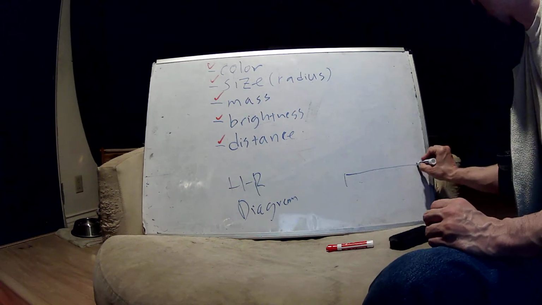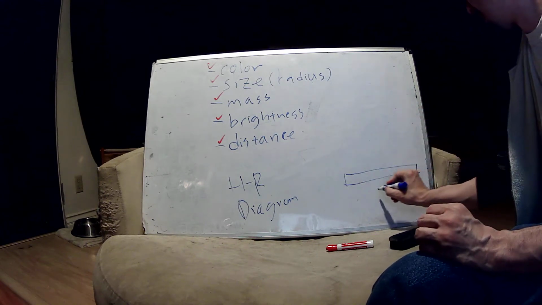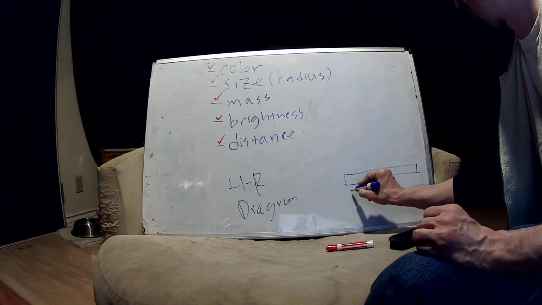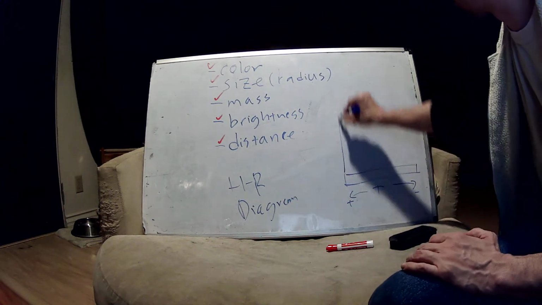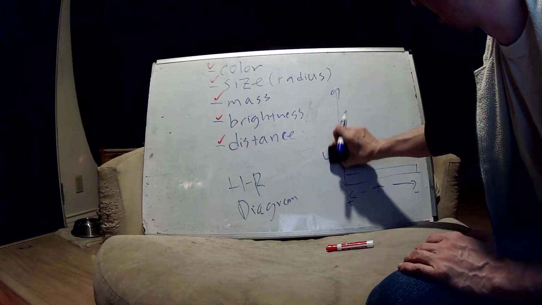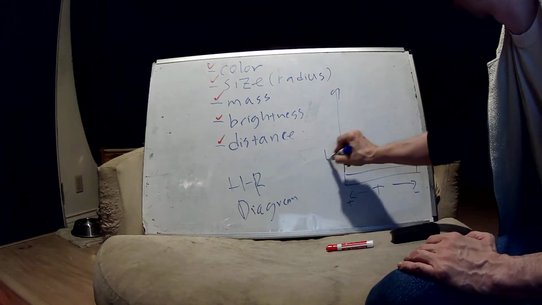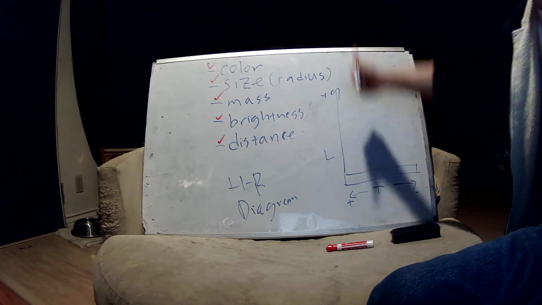There's a temperature scale at the bottom. This is temperature, and it increases this way and decreases this way. And then you have luminosity, or brightness, whatever you want to call it. And then that increases as we go up.